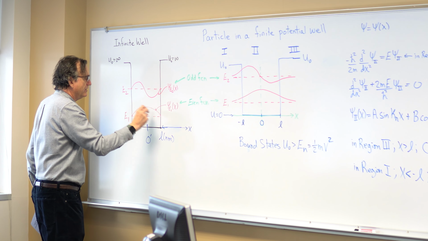And in the limit that the finite well gets deeper and deeper, it resembles more and more the same shape as the infinite well. So this is a useful way for us to characterize this.